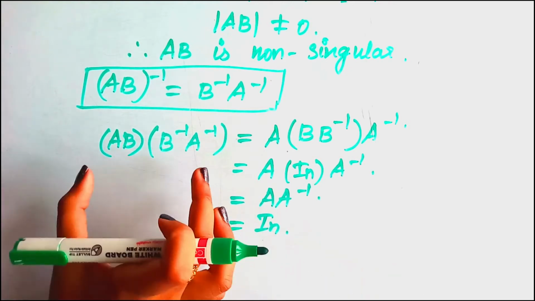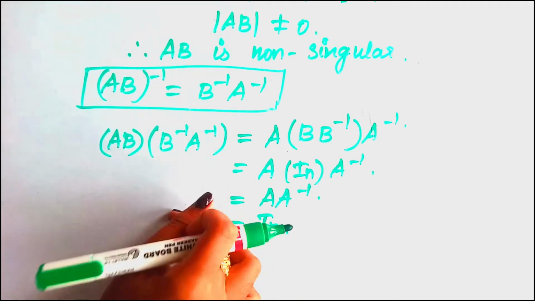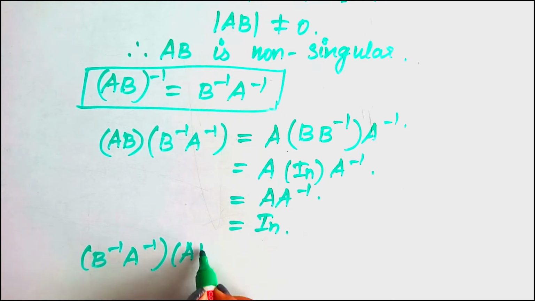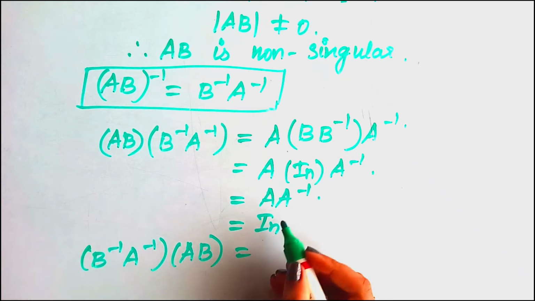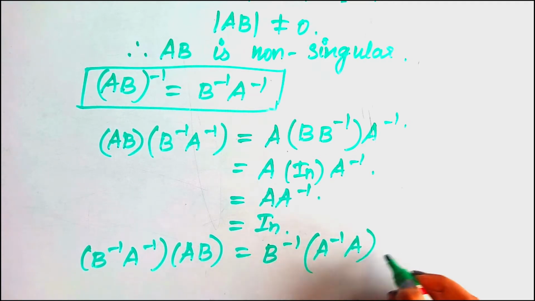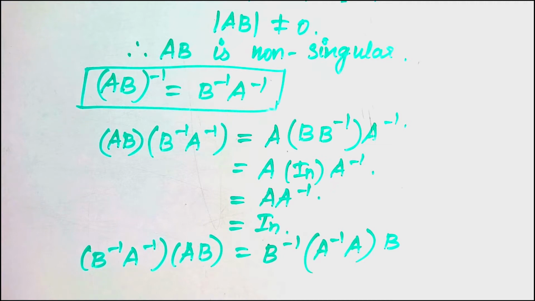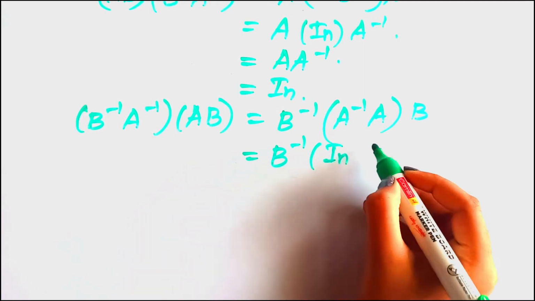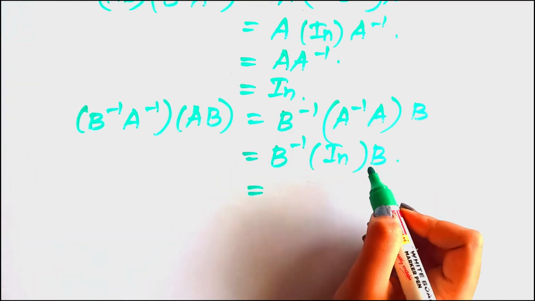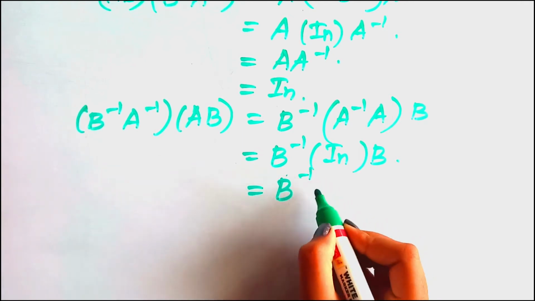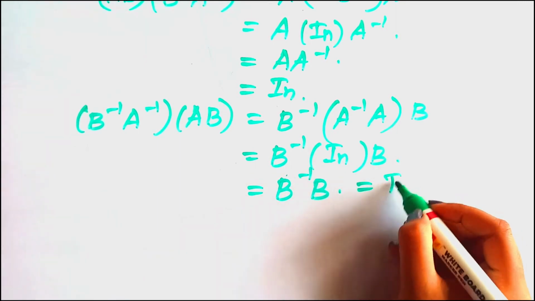Okay, and now we are going to solve the same thing but in a reversed manner, which is B inverse A inverse and again A into B. While solving this, first we have to use the associative property to change the brackets so that you will get B inverse into A inverse and A into B. The next step is obviously you have to take A inverse into A as I, so that we'll get B inverse into IN into B. Therefore for the IN we'll substitute 1 instead of IN, so that we'll get B inverse into B, and then B inverse into B will be again an IN, right?